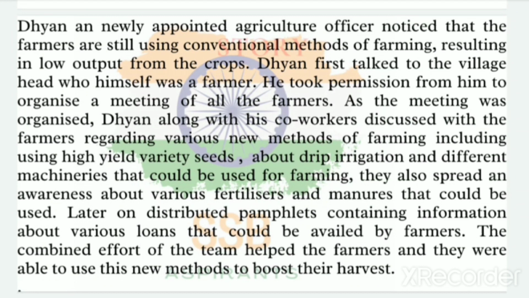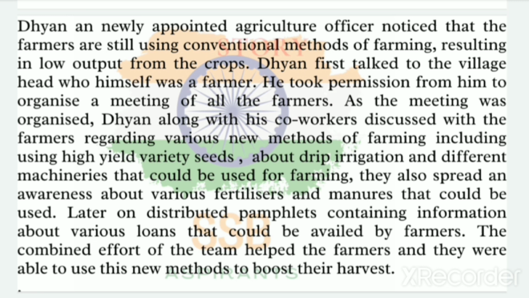As the meeting was organized, Dhyan, along with his co-workers, discussed with the farmers various new methods of farming, including high-yield variety seeds, drip irrigation and different machineries that could be used for farming. They also spread awareness about various fertilizers and manures that could be used. Later on, they distributed pamphlets containing information about various loans that could be availed by the farmers.